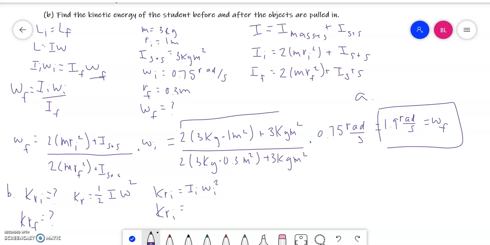And this term is our initial moment of inertia.